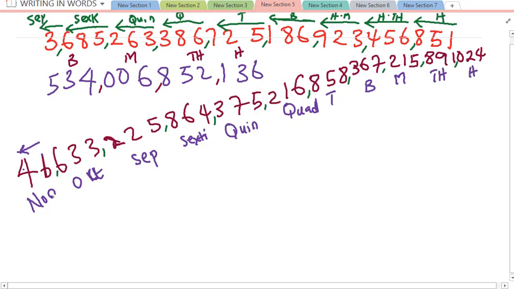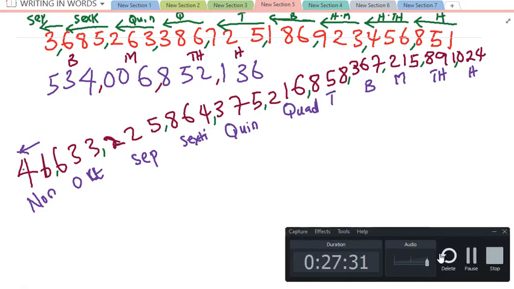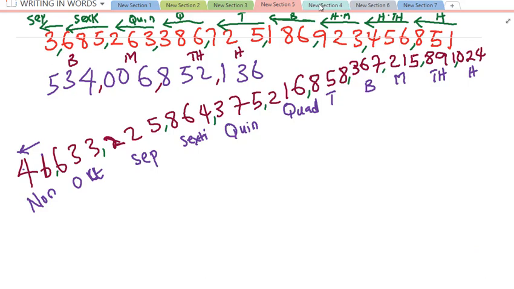So 46 nonillion, 633 octillion, 225 septillion, 864 sextillion, 373 quintillion, 375 quintillion, 216 quadrillion, 858 trillion, 267 billion, 250 million, 891,024 because of this zero. So this is 024 and 24. Hope you're getting what you're doing in this class. So that's it. Okay, so let's continue.